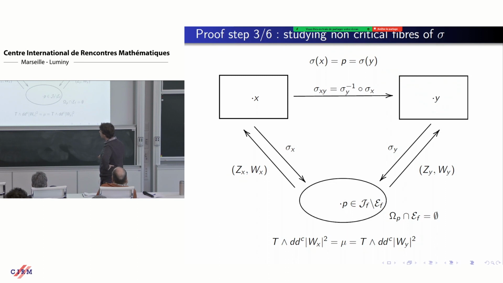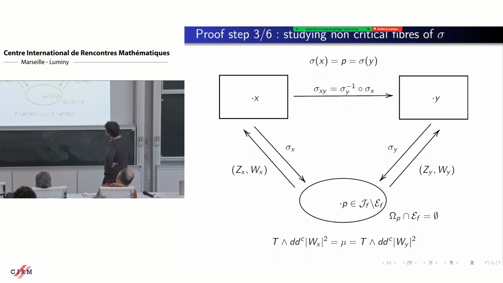You can also deal with critical points, this is not too difficult. And since they are not critical, you can create local inverses of sigma. I call them sigma_X and sigma_Y. And you can look at the map that goes from X to Y by doing sigma_X and then sigma_Y inverse.